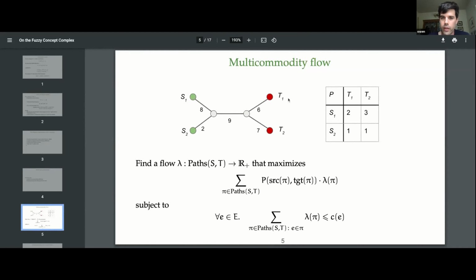So for each source-sink pair, we get some number of dollars for each unit of flow between them. And then our goal is to choose the best way to route flow along the source-sink paths in the graph without violating any of these capacity constraints on the edges.